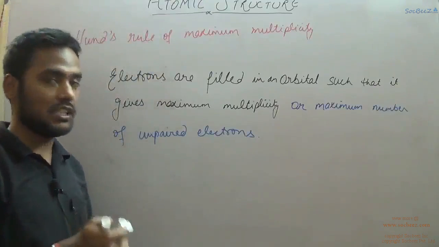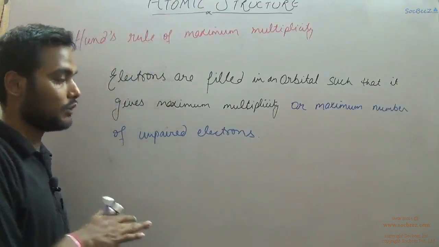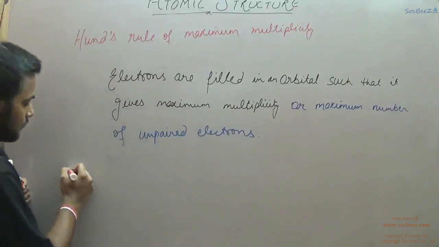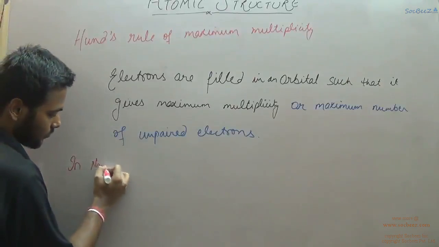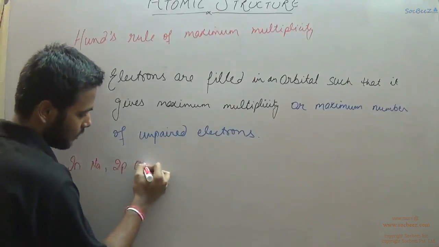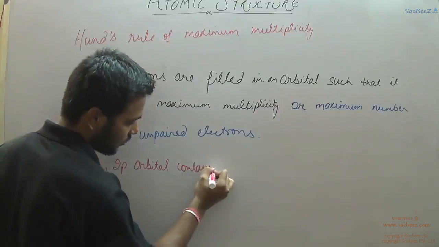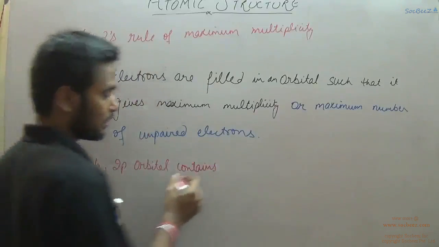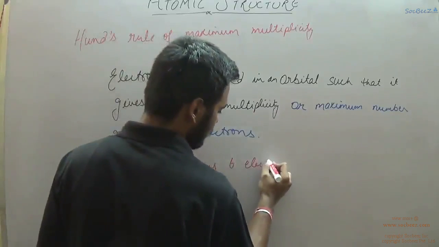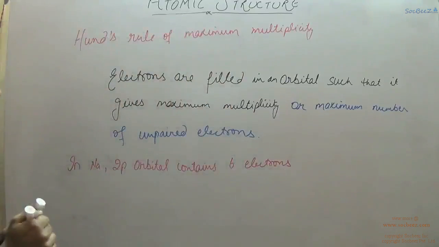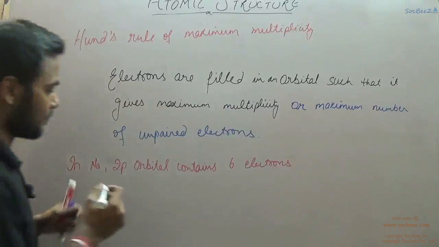So we'll see in the same example of sodium how the electrons are filled in the 2p orbital. We saw that in sodium, the 2p orbital contains 6 electrons. So how are these electrons filled?